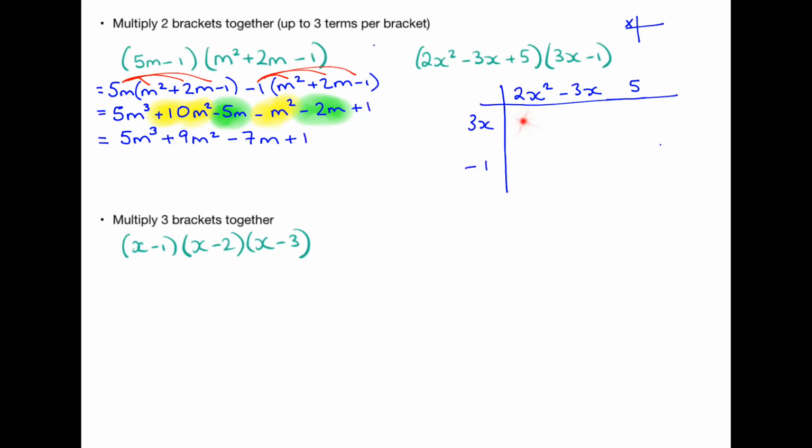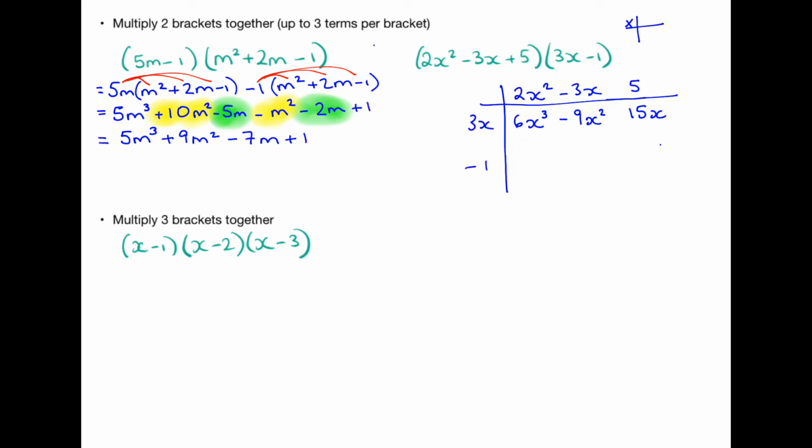We're going to have 6 spaces. So that one, you've got 2 times 3 is 6. X squared times x is x cubed. The next space along, we've got 3x times negative 3x. That's going to be negative. 3 times 3 is 9. X times x is x squared. This space, we've got 3x times 5. That gives us 15x. This space down here, we've got 2x squared times negative 1.